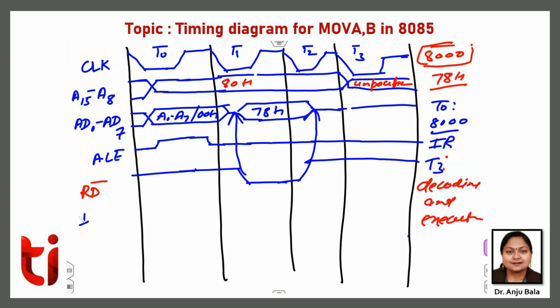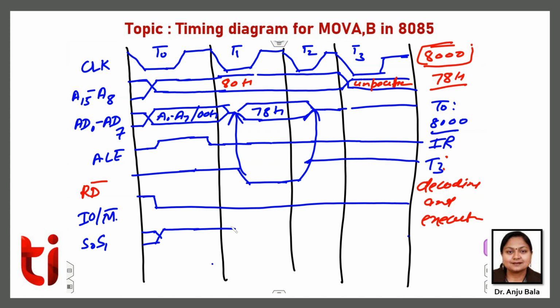And the IO/M complement signal should be 0 because we need to read the opcode from the memory, and this signal needs to be low for every T state. And after that, the selection lines S0, S1 should be 1, 1. Then you can fetch the opcode from the memory.